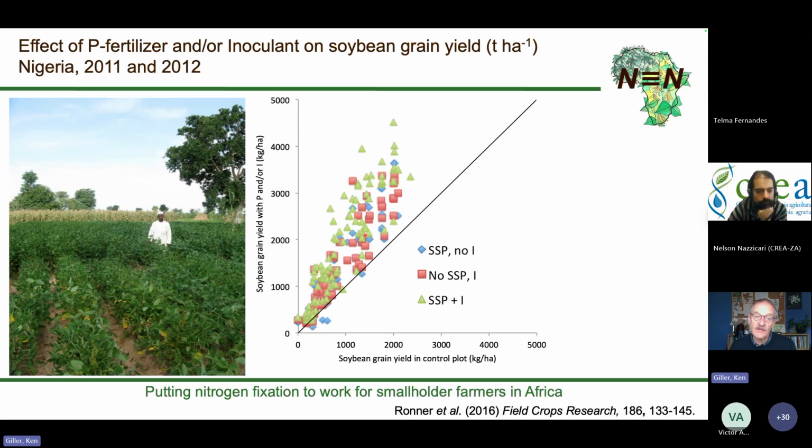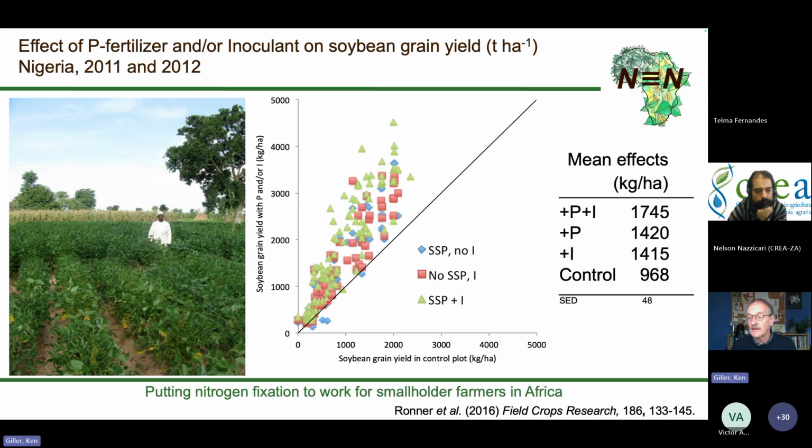So in this graph, we've got experiments from northern Nigeria over a couple of years, 2011, 2012. And you can see that the mean effects go from a control yield of 960 kilos per hectare, almost doubling with phosphorus and inoculation.